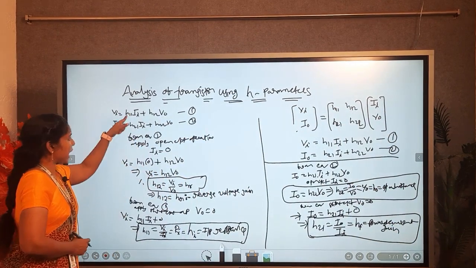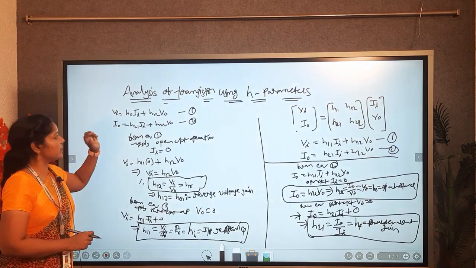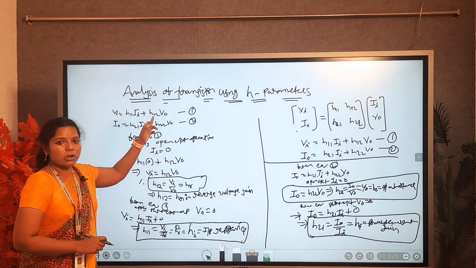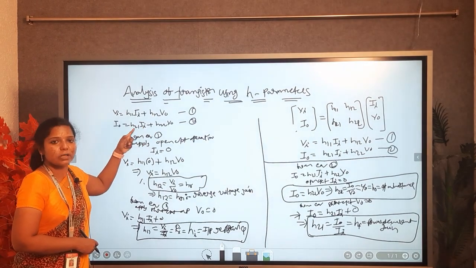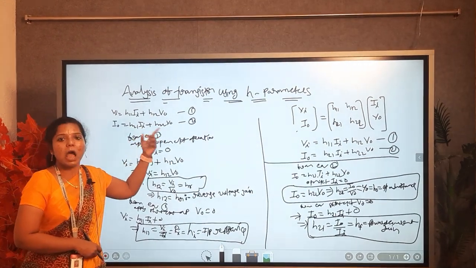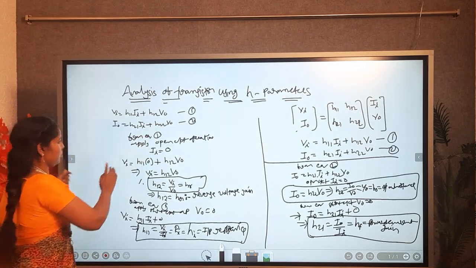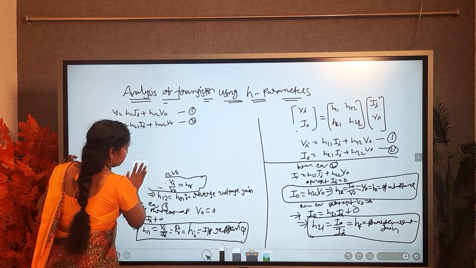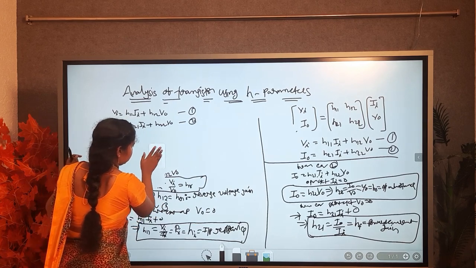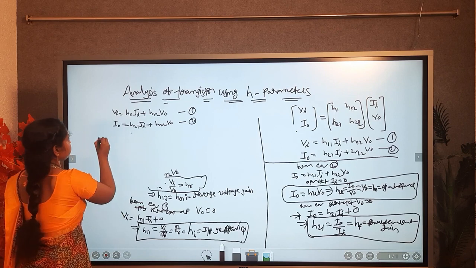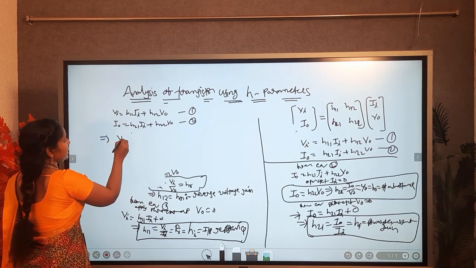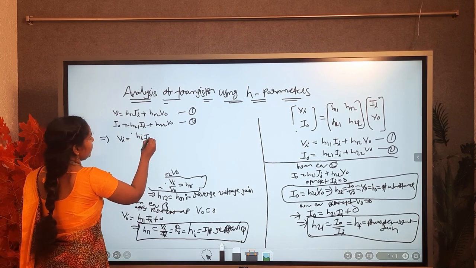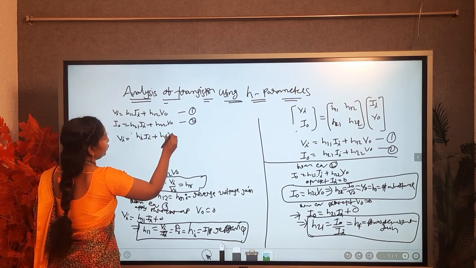H11 is HI, that is input resistance. H12 is HR, that is reverse voltage gain. H21 is the forward current gain and H22 is the output admittance. So we have represented them. Therefore VI equals HI into II plus HR into V naught.